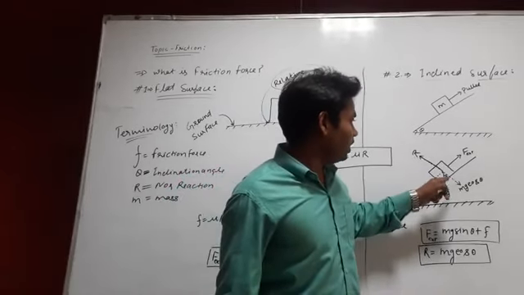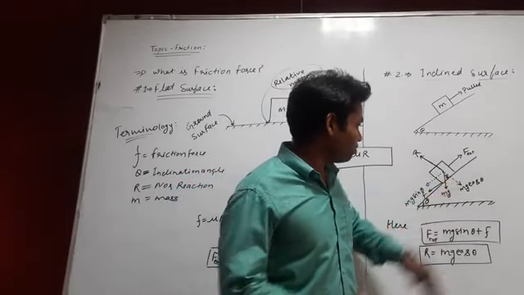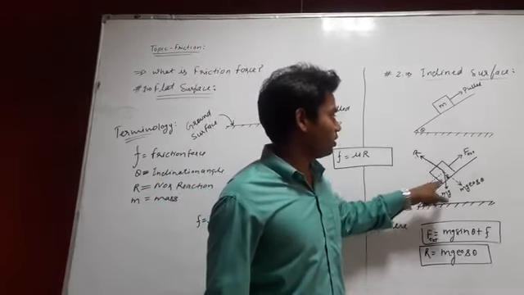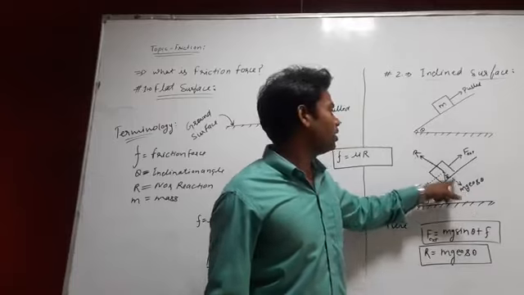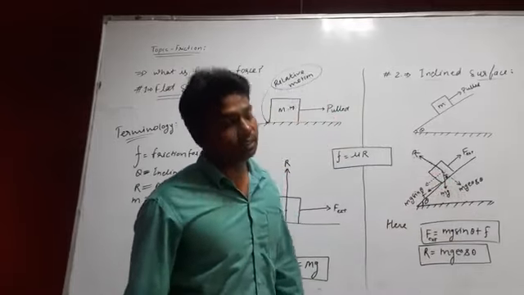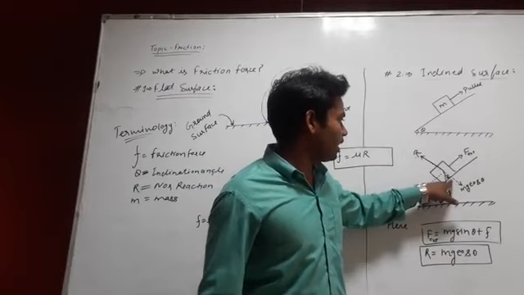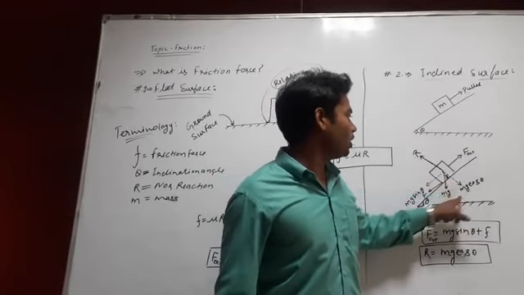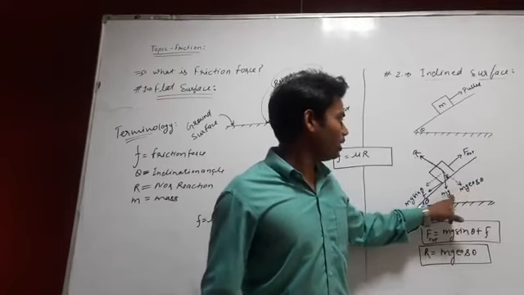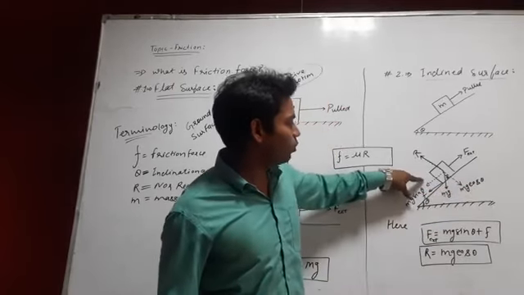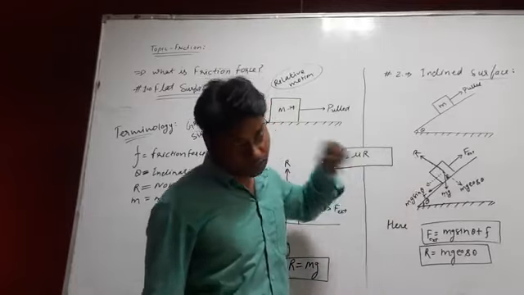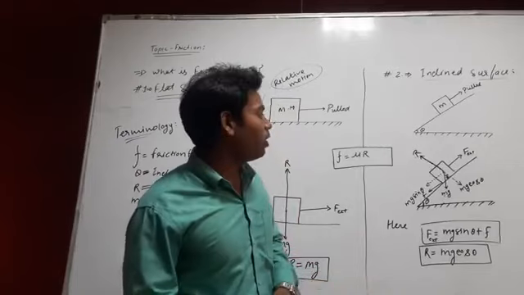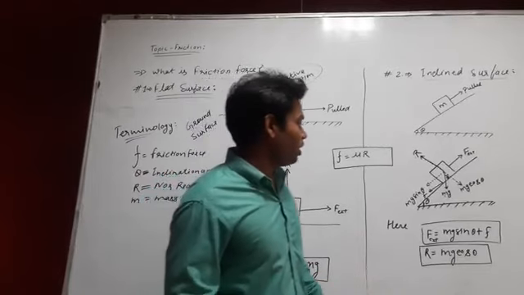What we have done here is resolve the weight mg into two components: one perpendicular to the plane and one along the plane. This angle is theta, so one component of weight is mg cos theta, and the other component is mg sin theta in this direction. Now we can calculate the forces.